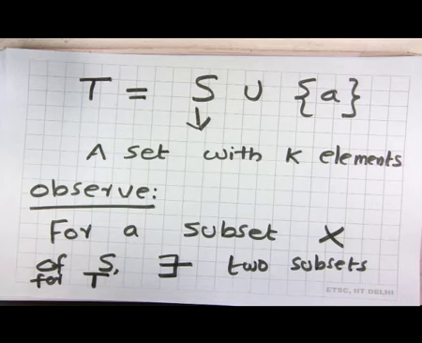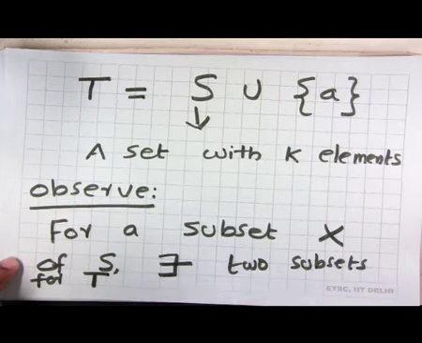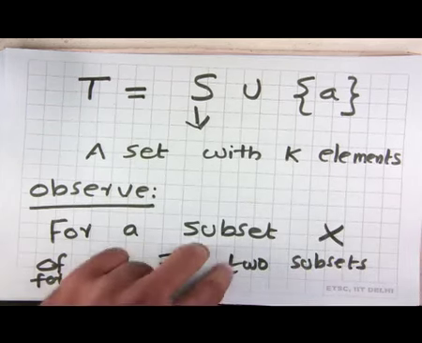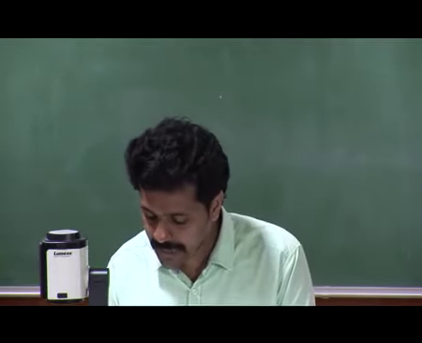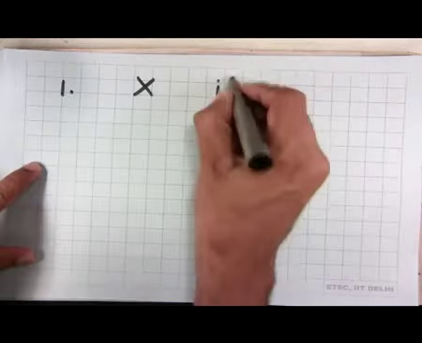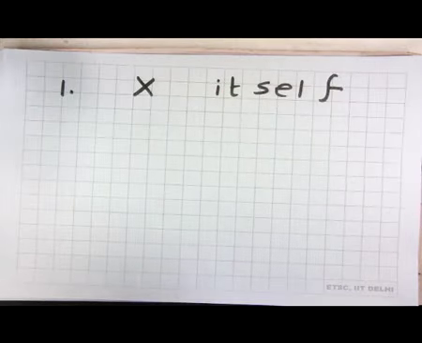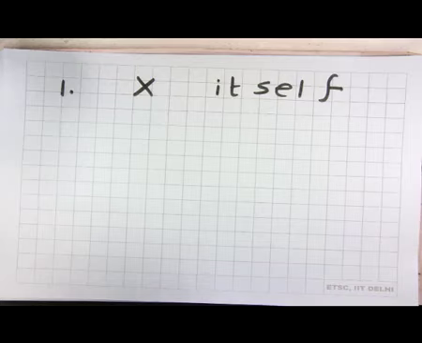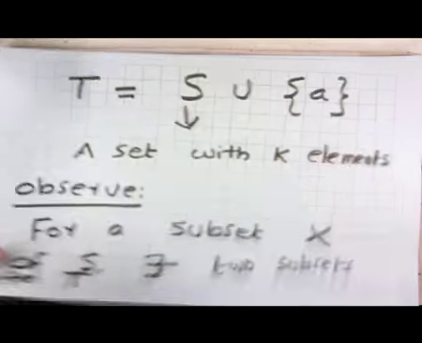You consider a subset X of that set. Using this subset X, I can get two subsets for T, namely the following. One, X itself. Any subset of S is a subset of T, because T equals S union A.